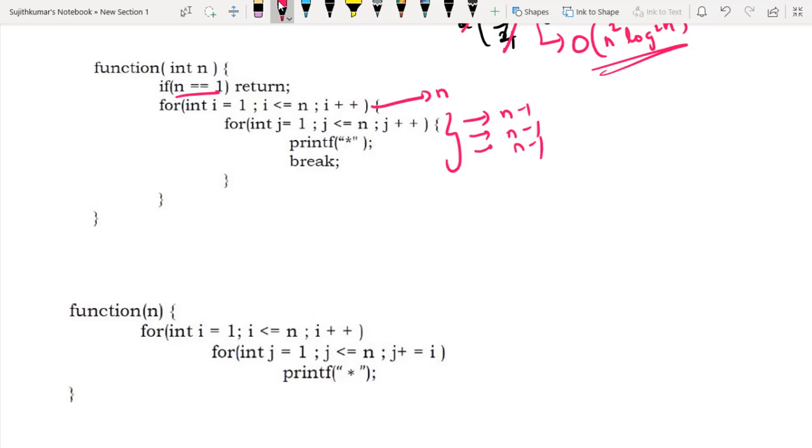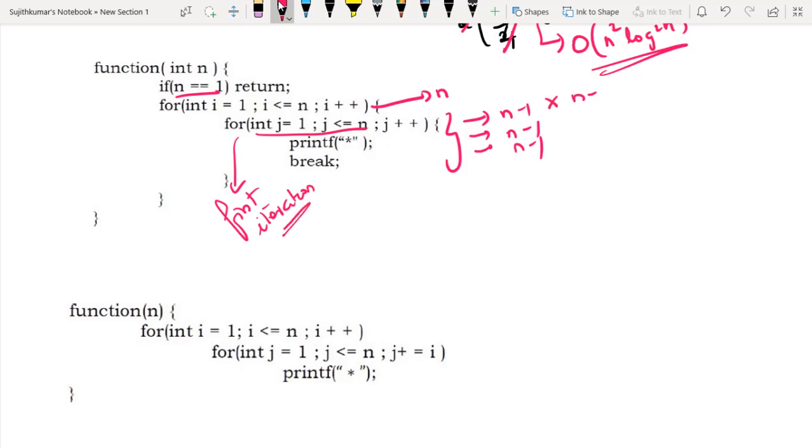But if you look at this for loop, you may be saying this also will execute n times, so you can write n here, but that is not the case here. That is a trick: there is a break statement here, right?